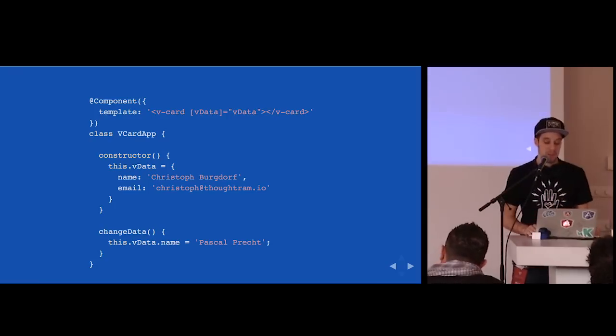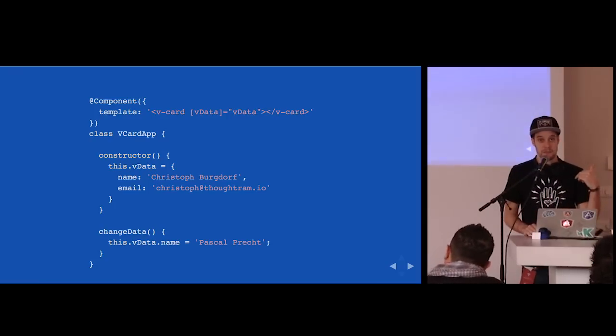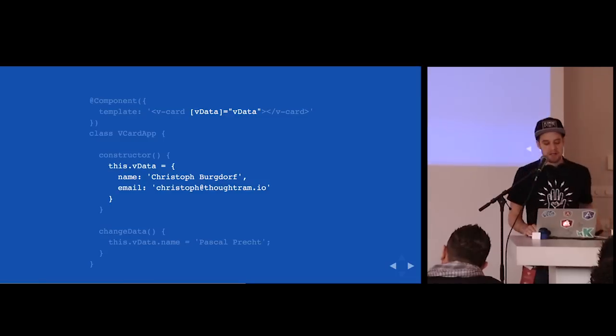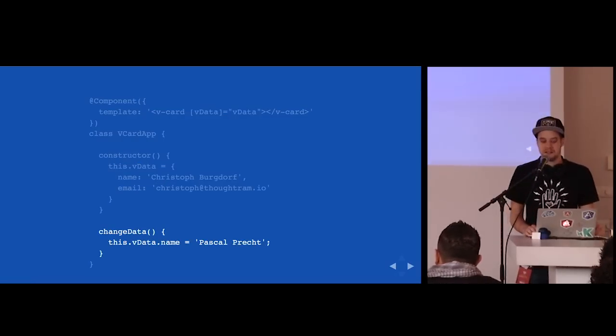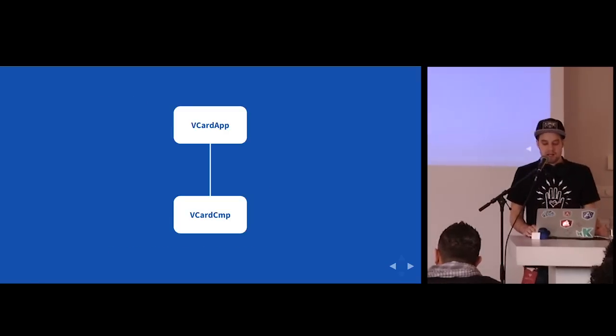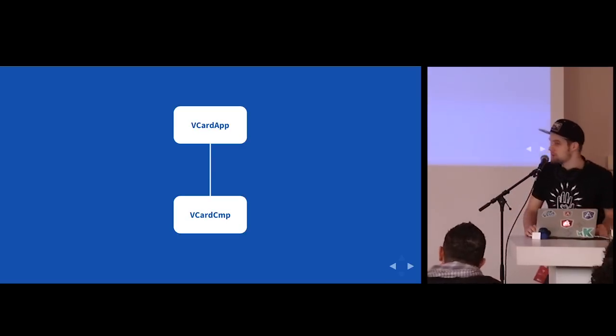And we know where this data comes from. It comes from our component, because data always flows from top to bottom. Then there is this change data method, which mutates this vdata object. So we change this existing object. It's mutable.